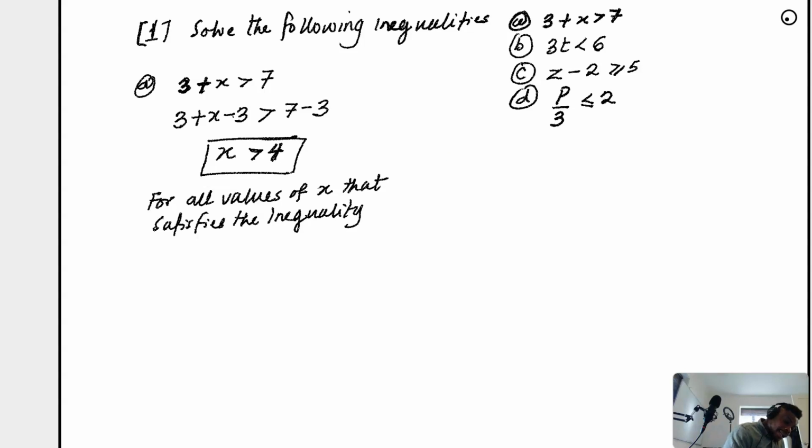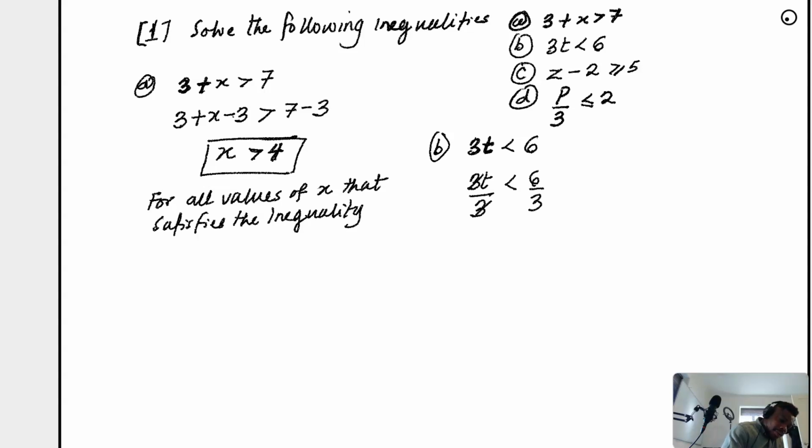So let's go to B. 3t is less than 6. Now we want only t to remain here, but 3 is multiplied by t. So in this case, you have to divide both sides by 3. Remember, you are dividing both sides by positive 3, so the sign remains the same. So here, 3t, I'll divide by 3 on this side, and I'll divide by 3 on this side.